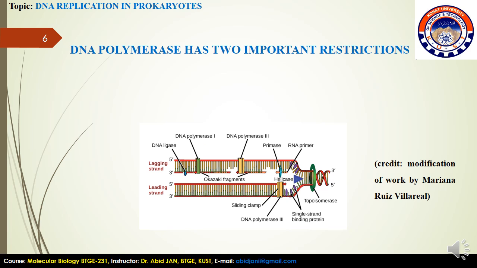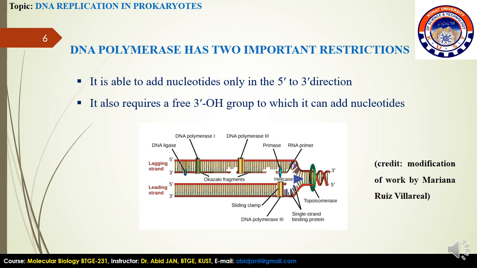DNA polymerase has two important restrictions. It is able to add nucleotides only in the 5' to 3' direction. That is, a new DNA strand can only be extended in this direction, 5' to 3'.